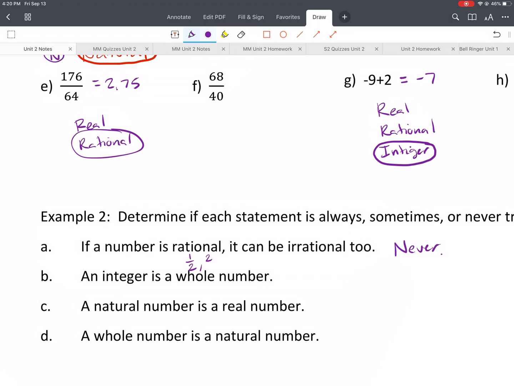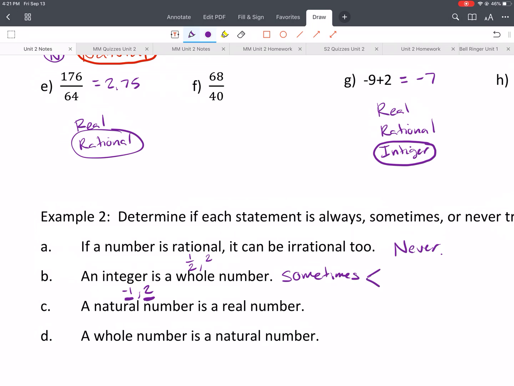Okay. Integer, so an integer is something like -1 or 2. Is an integer a whole number? Well, for this example, 2 is a whole number, but -1 is not a whole number. So you would say sometimes.